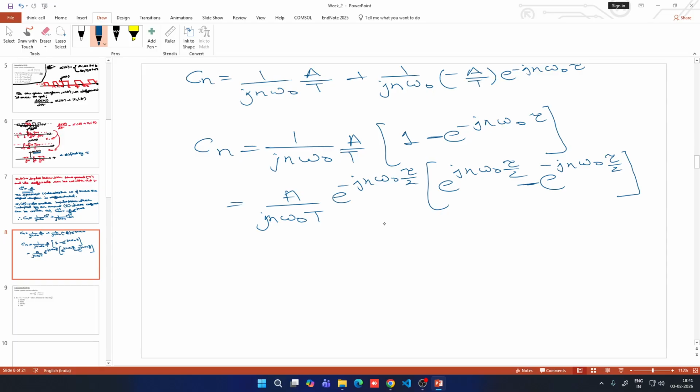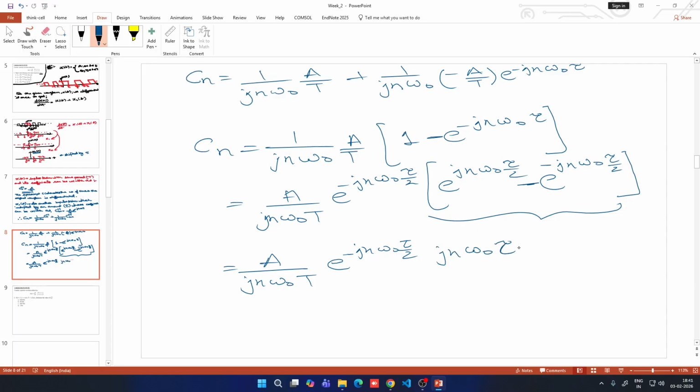So this part we can write as j n omega naught t into e to the power minus j n omega naught tau by 2. And because of this we can write this as sine of 1 by 2 n omega naught tau divided by 1 by 2 n omega naught tau.